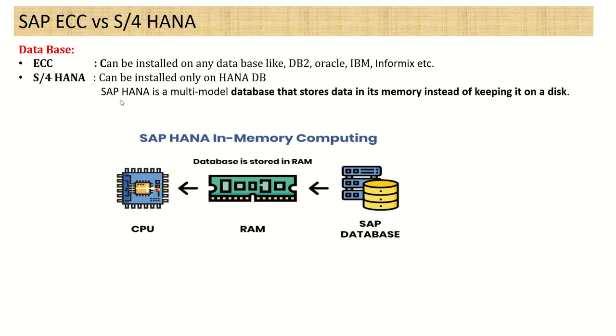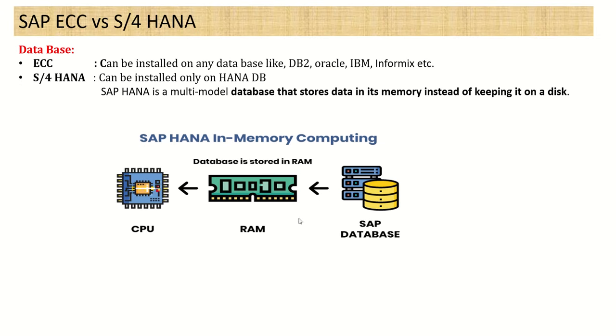So what is the HANA database? It is a multimodal database that stores the data in its memory instead of keeping it on disk. Here you can see in this diagram, in the case of HANA, the data is directly stored in the RAM instead of disk.